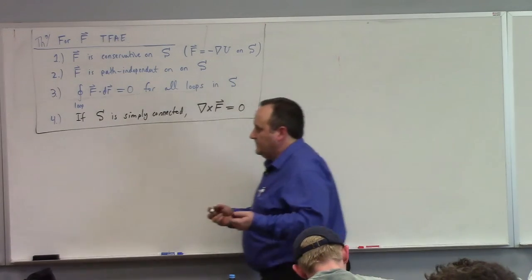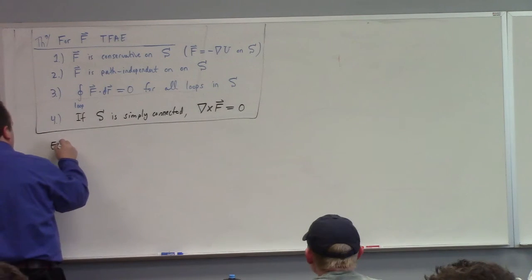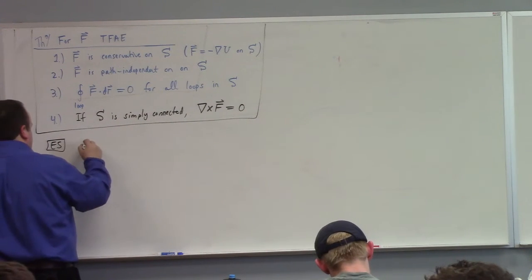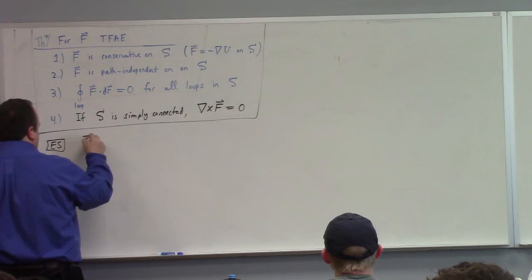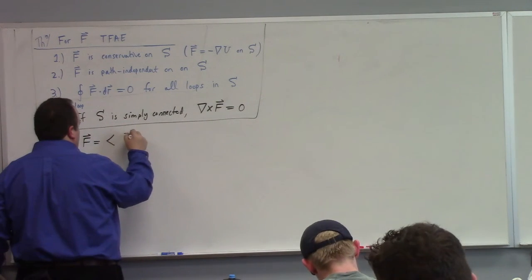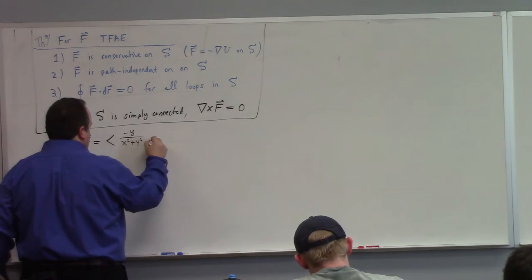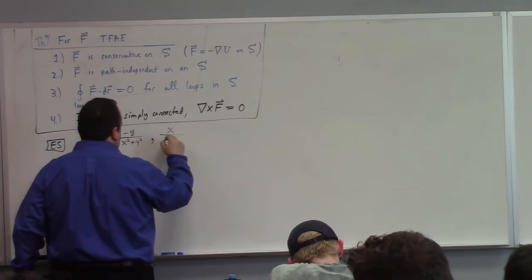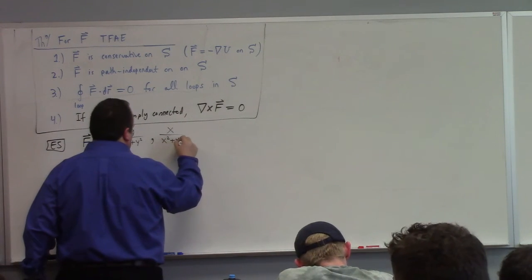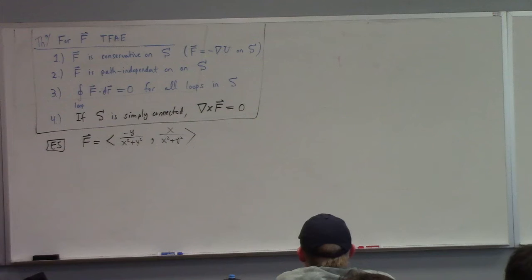A good example of that: we calculate for the vector field F equal to minus y over x squared plus y squared, comma x over x squared plus y squared. So this is a vector field. We can calculate the work done by this vector field, say, around the unit circle.